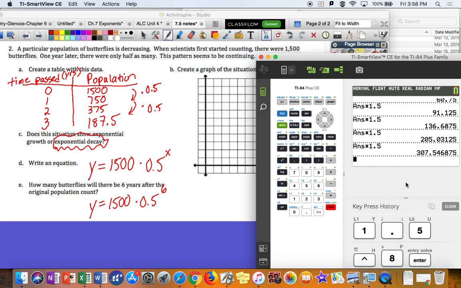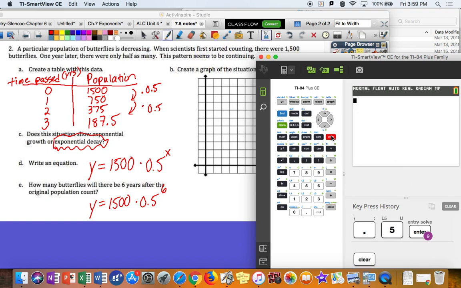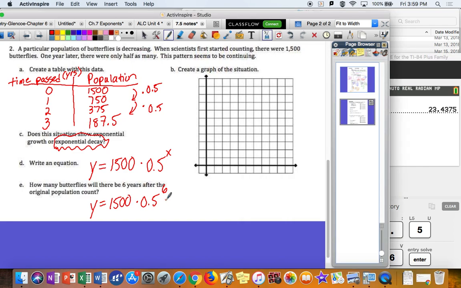Well, please let me do this so that we don't have a lot of difficulty this time. All right, let's clear. 1,500 times 0.5 to the power of 6, and we get about 23 butterflies. 23.4 is what we have mathematically. I'd hate to see 0.4 of a butterfly though.